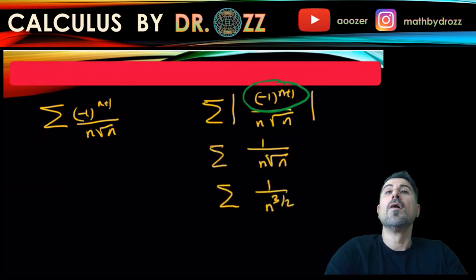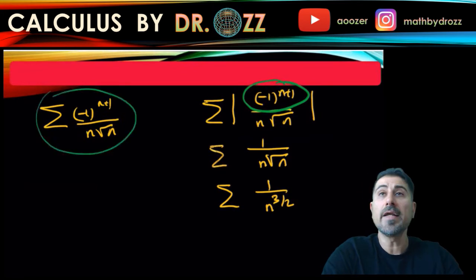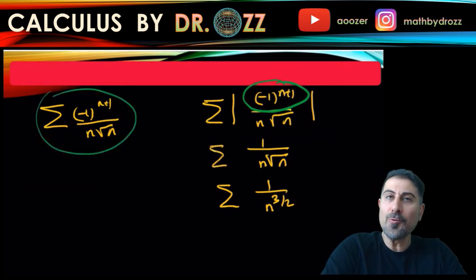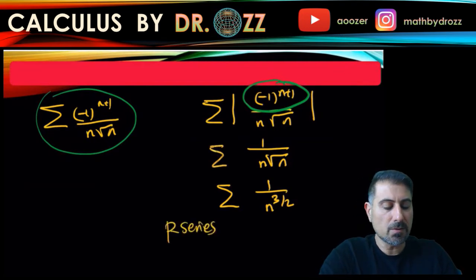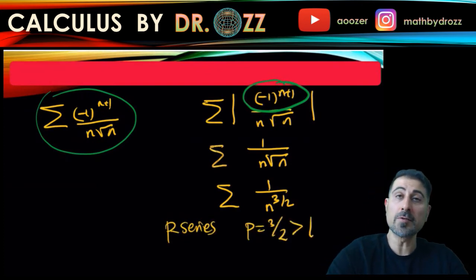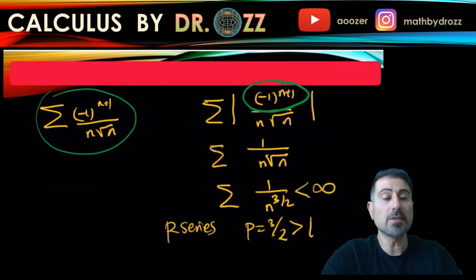It's interesting because when you take the absolute value of the n-th term for this series, what you get is a known series. In fact, it's a p series with p equals 3 halves, which is strictly greater than 1. And the p series test tells us that this is a convergent series.